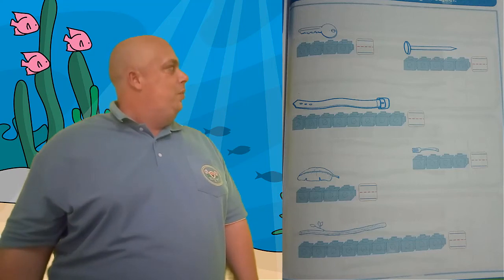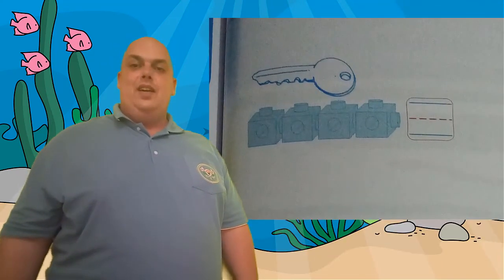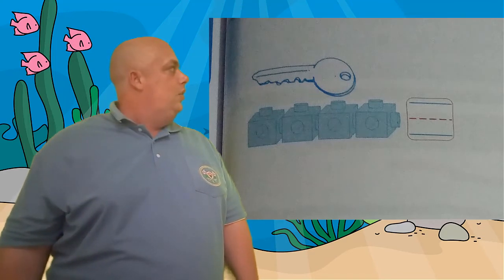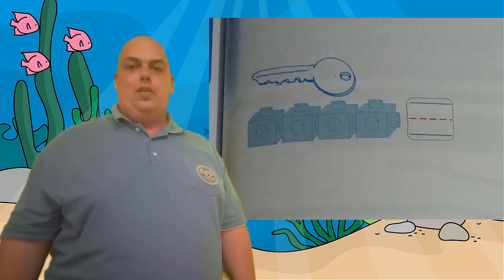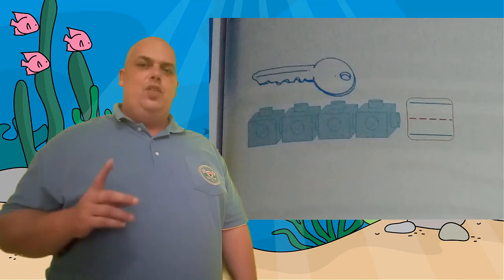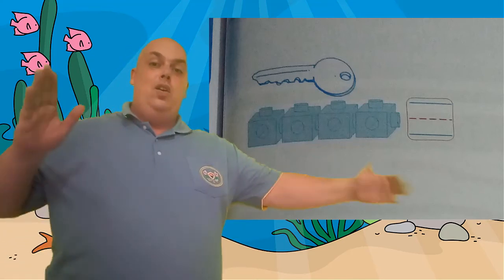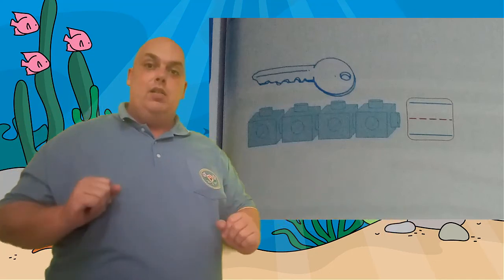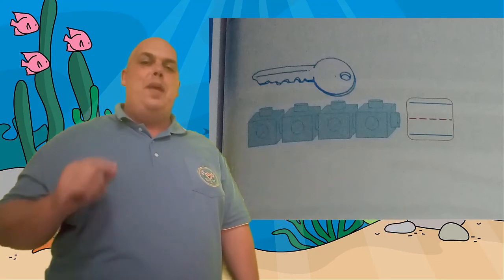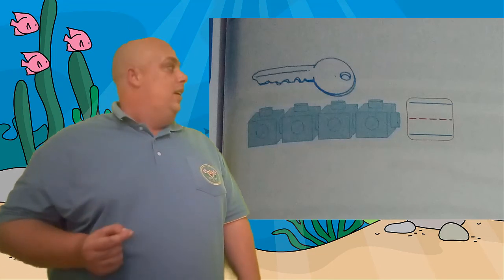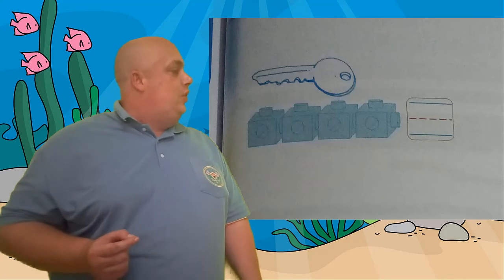We have the first picture, we have a key. All right, so we see a key. And the key has how many blocks? Let's count. 1, 2, 3, 4. 4 blocks. But if you look carefully, you can see that the 4 blocks is longer than the key. So let's count how many blocks long the key actually is. 1, 2, 3.